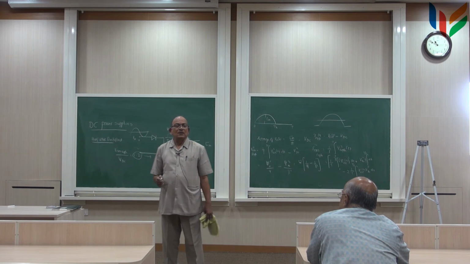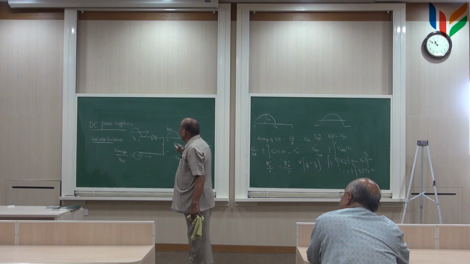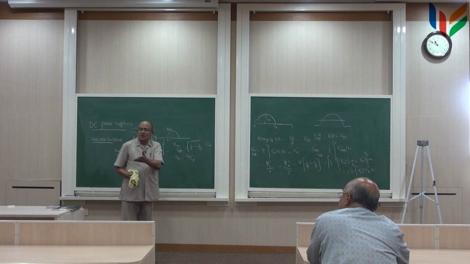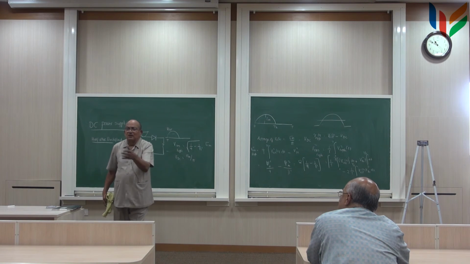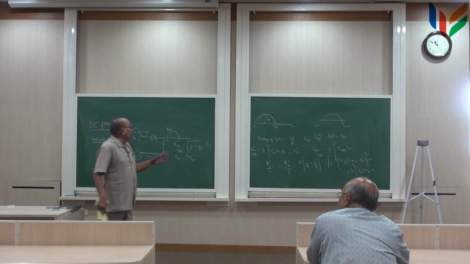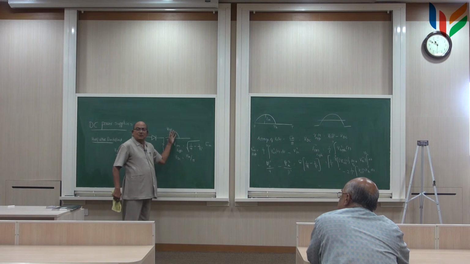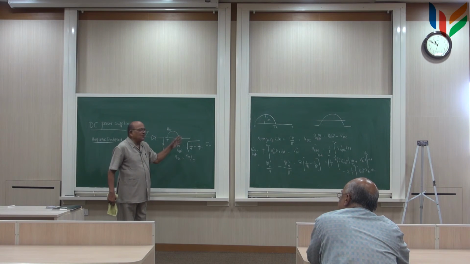So the next problematic component would be the fundamental, because the harmonics go down as 1 by n square. Because of that, the other components, second harmonic, third harmonic, are small compared to the fundamental, not negligible, but small.